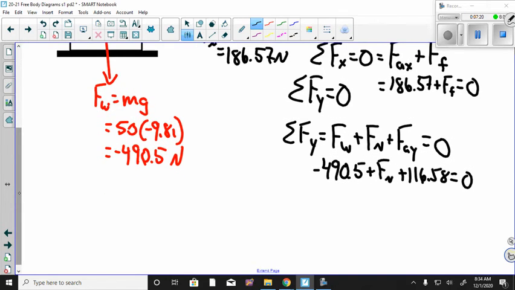All right, so add the 490.5, subtract the 116.58, and I'm going to get a normal force of 373.92 newtons.